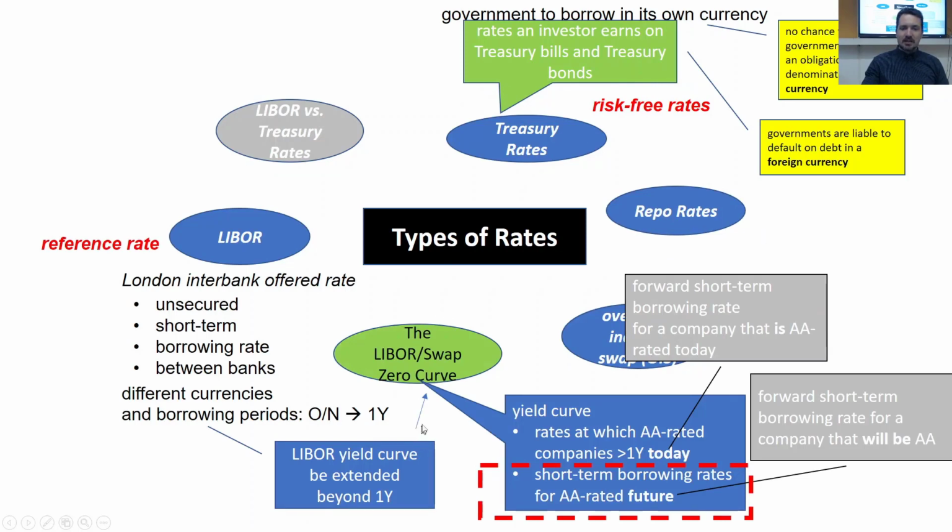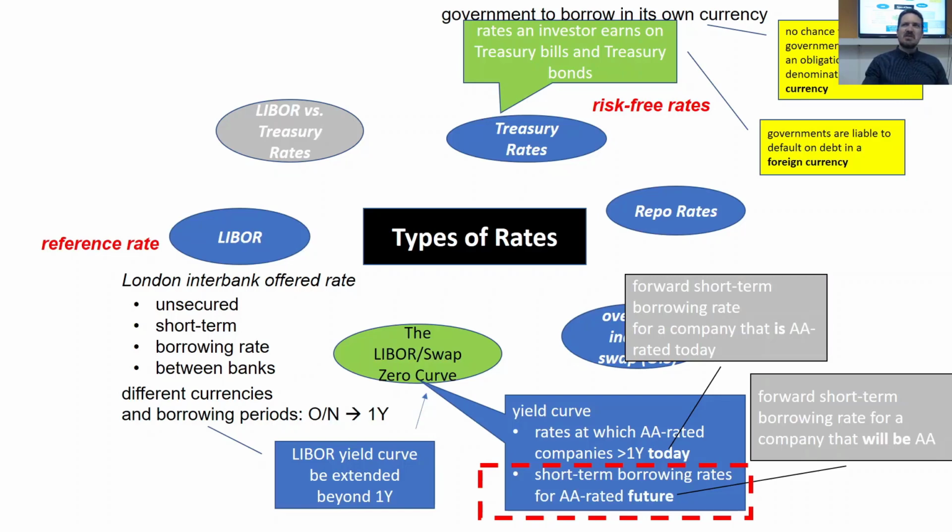So this is one feature. The other is the LIBOR. As a reference rate, LIBOR worked nicely for nearly a century, and we can say that this is short term, because most LIBOR maturities are between overnight and 1 year.